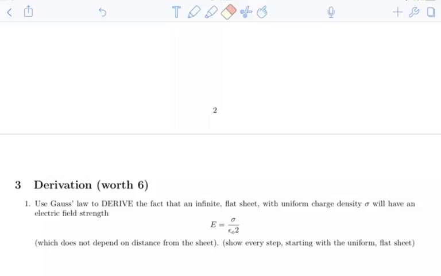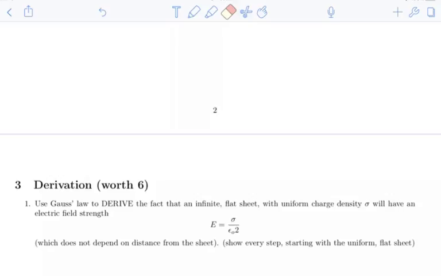Derivations are super useful in physics. We saw a few kind of proto-derivations last term, but they were usually 1 or 2 steps. These Gaussian surface ones are more complicated. So are the integral-based ones. Like in class, I showed you the derivation for the electric potential around a single point charge.